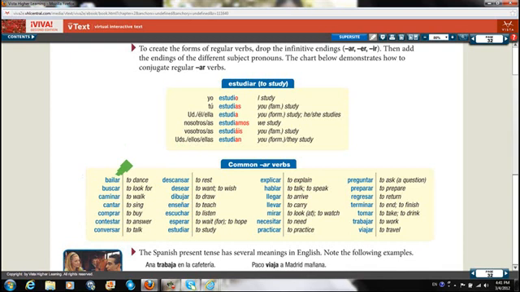To dance. Well, what if we want to say, I'm dancing? How do we do that? How do we conjugate bailar? Well, we just put the yo and then the O ending after we take off the AR. Yo bailo. So you can say yo bailo, I dance, or I am dancing.